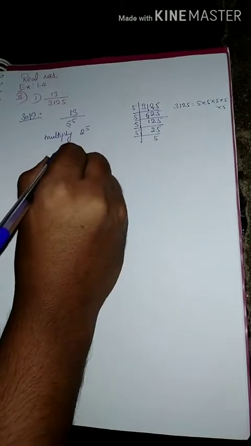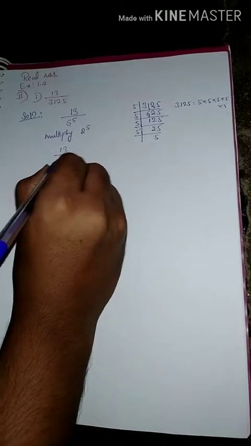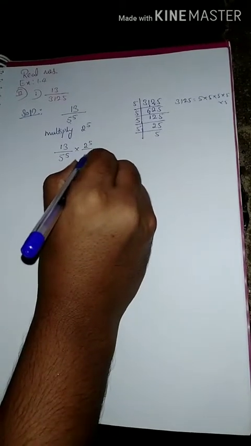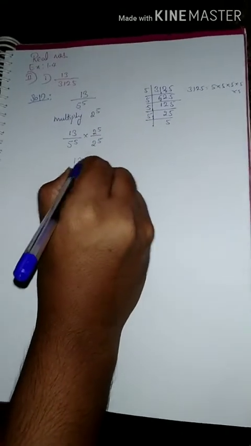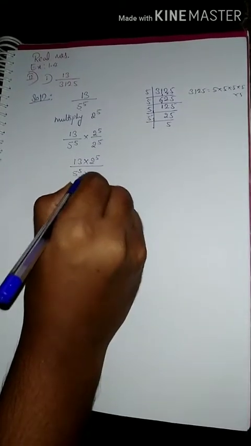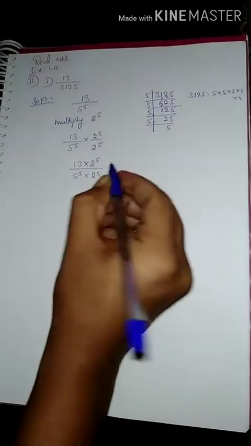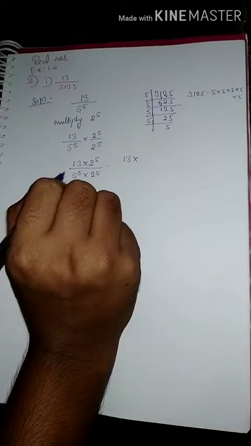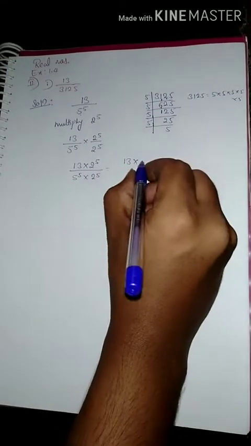So 13 divided by 5 to the power 5, into 2 to the power 5 divided by 2 to the power 5. So 13 into 2 to the power 5 divided by 5 to the power 5 into 2 to the power 5. 2 to the power 5 is nothing but 2 2s are 4, 4 2s are 8, 8 2s are 16, 16 2s are 32.